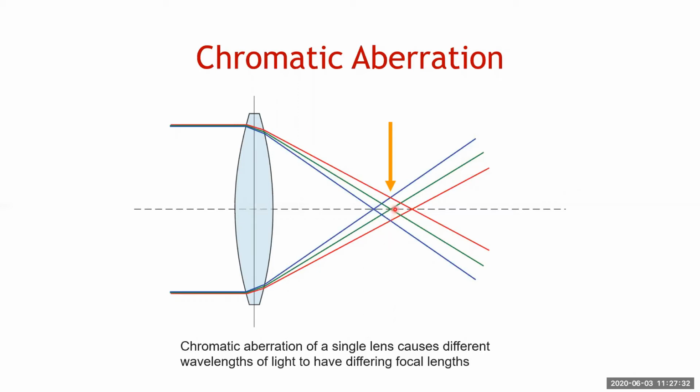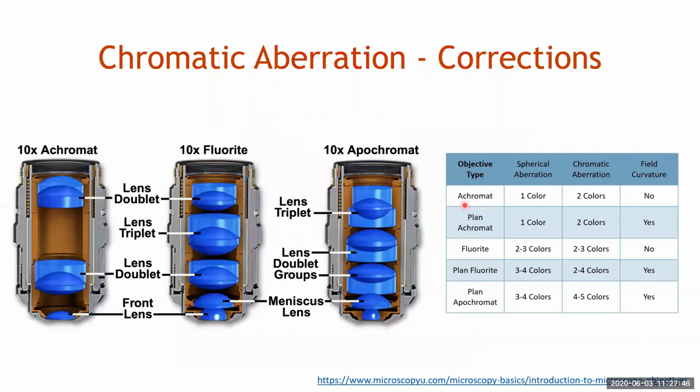This is going to be a problem if you're trying to do co-localization, or find out if two things are on top of one another or next to each other. How do you correct for that? The same way as the other aberration: you throw more lenses at it. The different lenses you can combine have different qualities, refractive indices or coatings that help all those colors land in the same place and get collected from the same place.